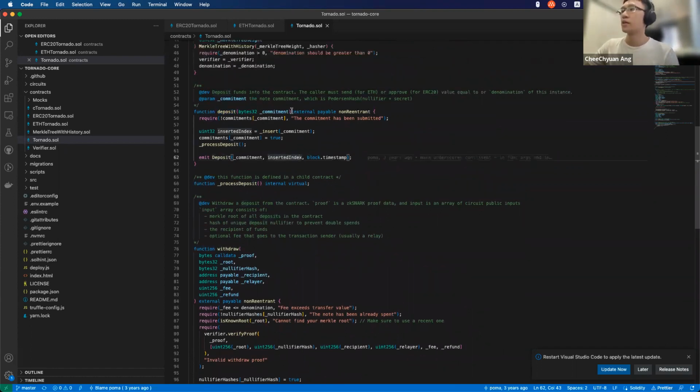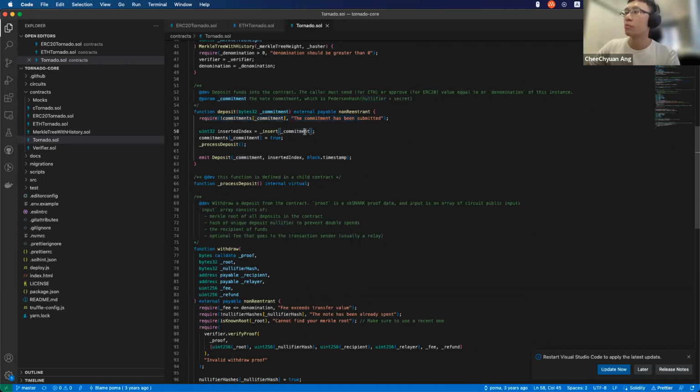So what's going to happen is that, remember our commitment that is made out of the nullifier plus secret. We are going to pass our commitment here. And then the first thing the contract will check is if the commitment has been submitted before. If it has, of course, it doesn't allow it to happen.